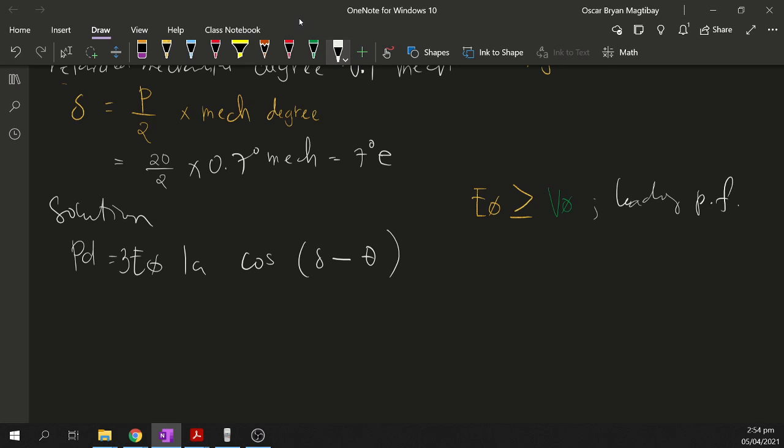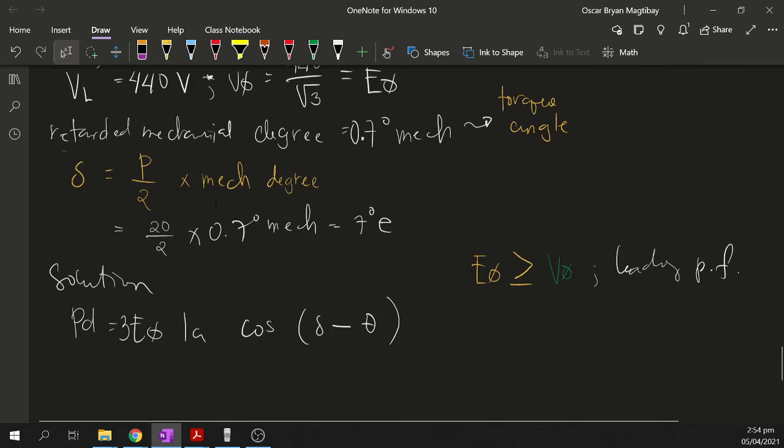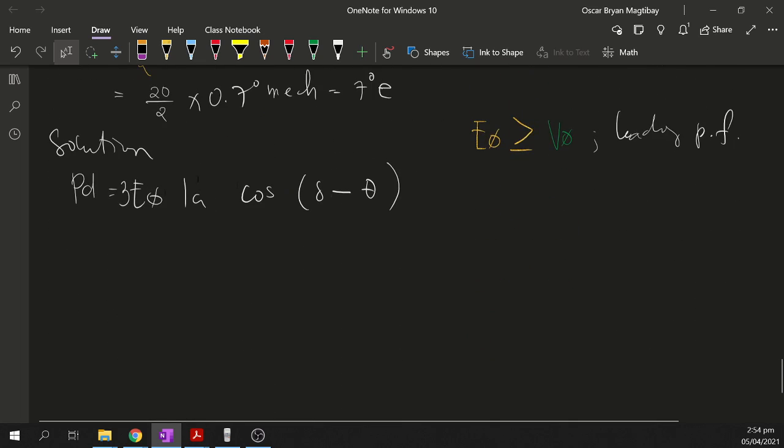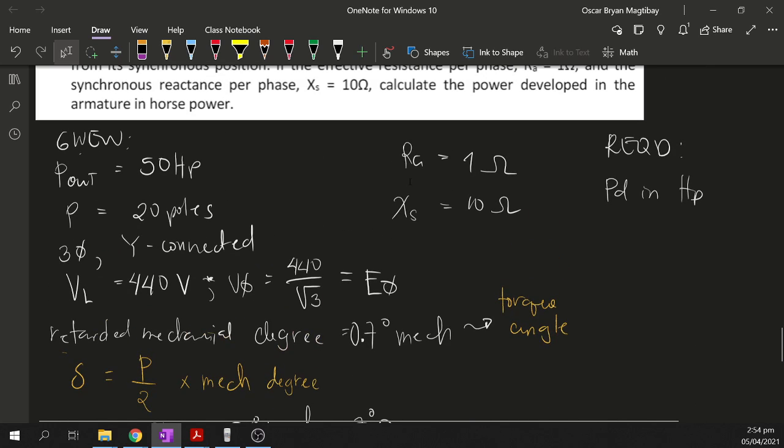So, this is our formula for this particular problem. Ngayon, paano natin siya masosolve? So, we need to get the parameters. Kaso, ang daming wala. IA, wala. E phase, alam na natin. Sigma, wala rin. Theta, wala rin.